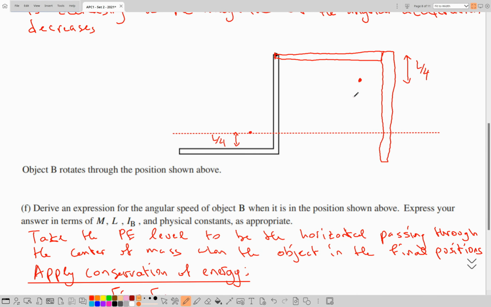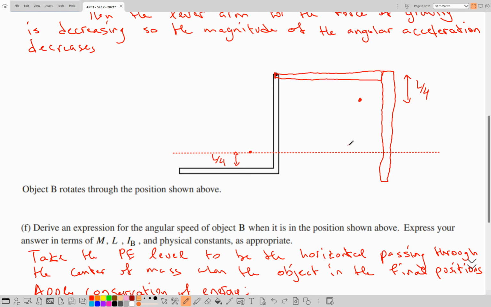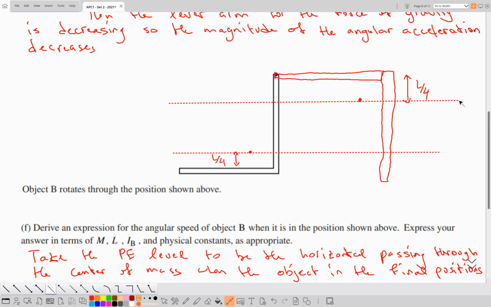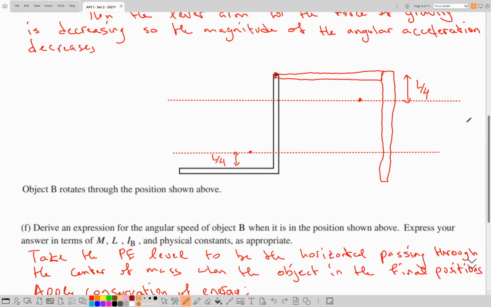And let me again say that h is the distance from the P level to the initial position of the center of mass. This is the initial position of the center of mass, and we just need to measure the vertical distance. If this is L over 4 and this is L over 4 and the total length is L, so basically it's L over 2, then this h is L over 2.